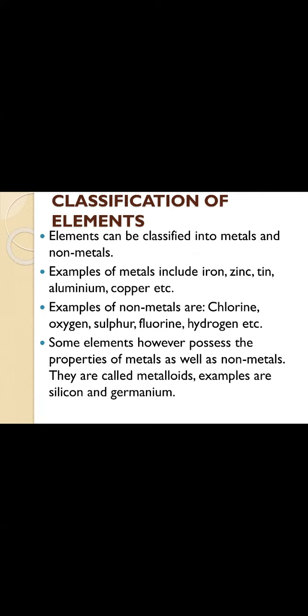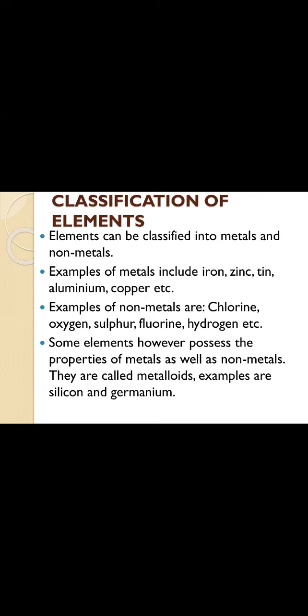Chlorine, for example, before it can become electrically charged, has to gain an electron. Then it becomes electrically charged. So such elements are regarded as non-metals. But in the case of hydrogen, you can't actually say whether hydrogen is a metal or a non-metal, but in most cases it's categorized as non-metal. But it can also behave as a metal.